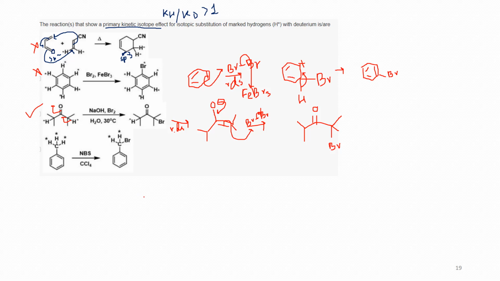Now the next one is allylic bromination. Whenever NBS is given, what will form? That will form a radical, and this gives us Br dot.